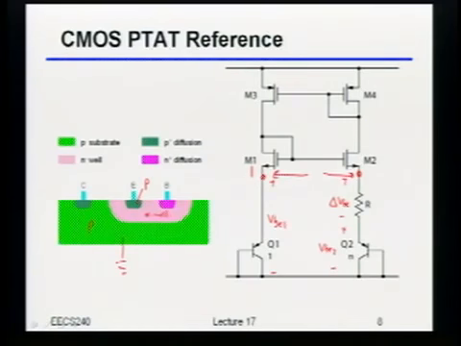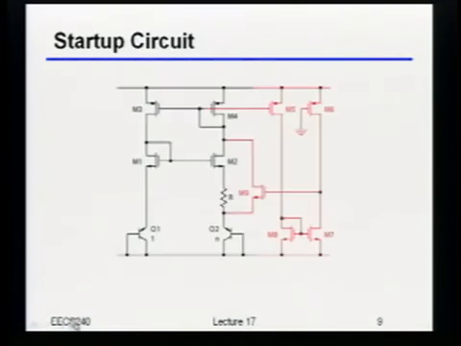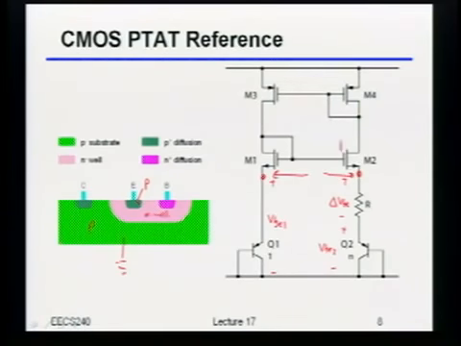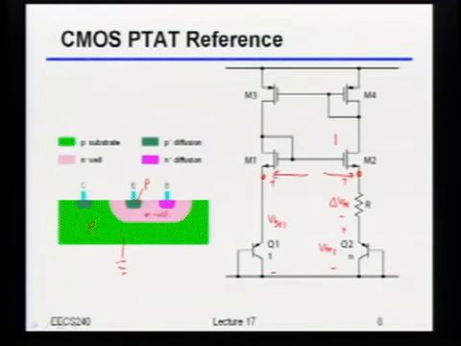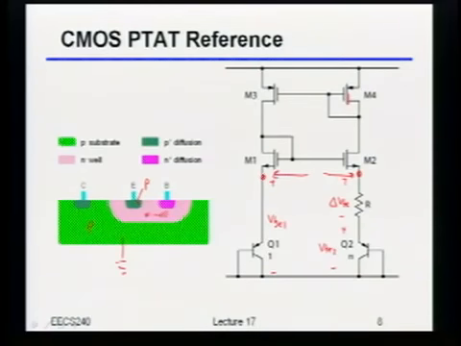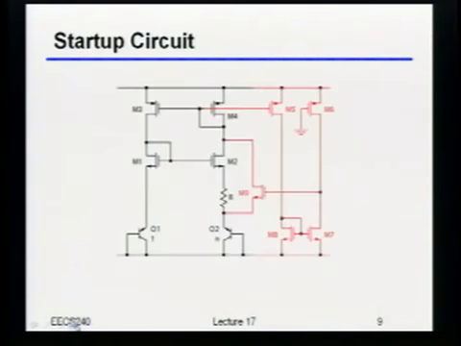Now really briefly, since we'd mentioned it before, and since I've now drawn this a couple of times: just like before, if this whole thing starts up with zero current, you're stuck, right? Because it's a positive feedback loop. In other words, if there's zero current there, there's zero current there, it's perfectly happy to just sit there and do nothing. So just like with the other self-biased circuits, you need to come up with some way of making sure this thing will really start.